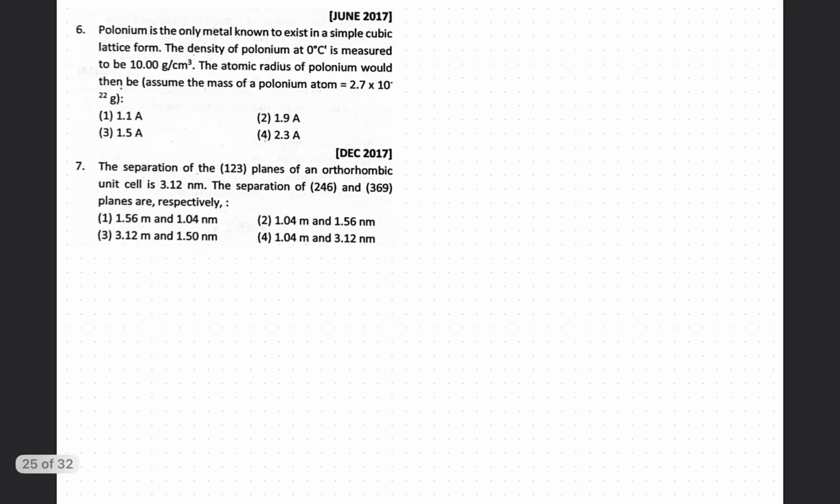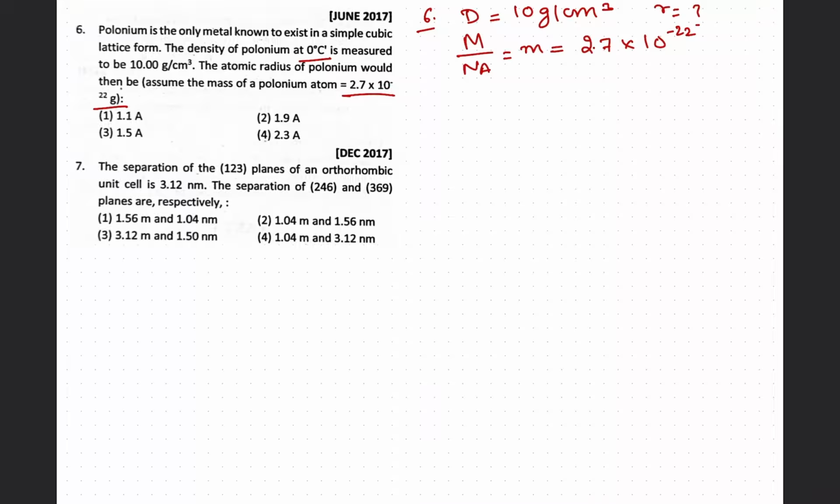Now moving on to the next question. Polonium is the only metal known to exist in a simple cubic lattice form. The density of polonium at 0 degrees is 10 gram per centimeter cube. The atomic radius would be, then, assuming the mass they have given, this is the per atom mass, okay?